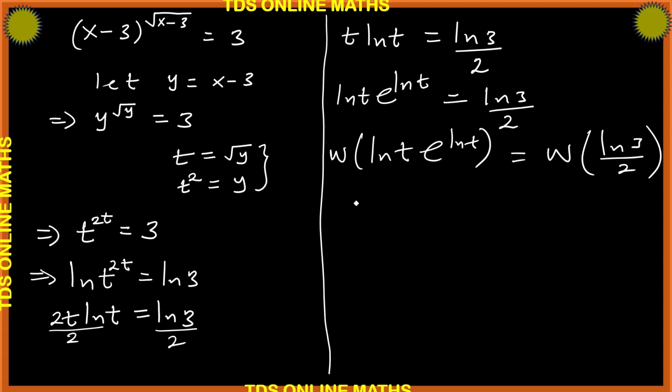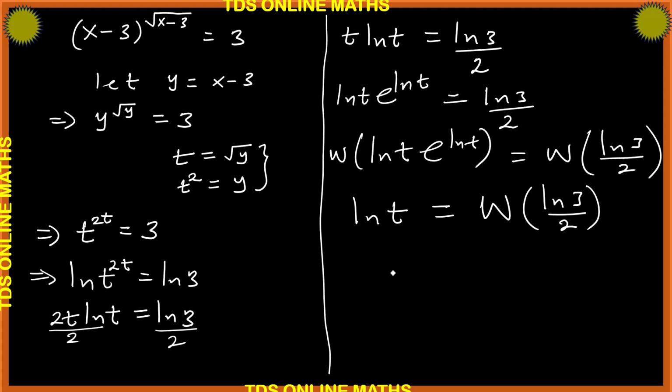So my answer here is ln of t equals W function of ln of 3 over 2. As simple as that. Now we need to solve for t here.